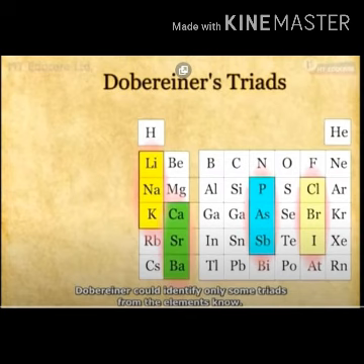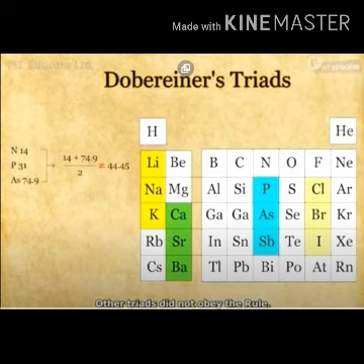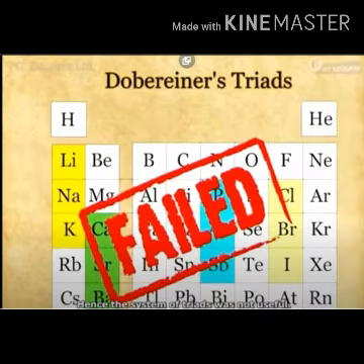Other triads did not obey the rule. Examples like nitrogen, phosphorus, arsenic. Children, when you calculate, the mean atomic mass of nitrogen, 14, and arsenic, 74.9, is not equal to the atomic mass of phosphorus, that is 31. Hence, the system of triads was not useful.